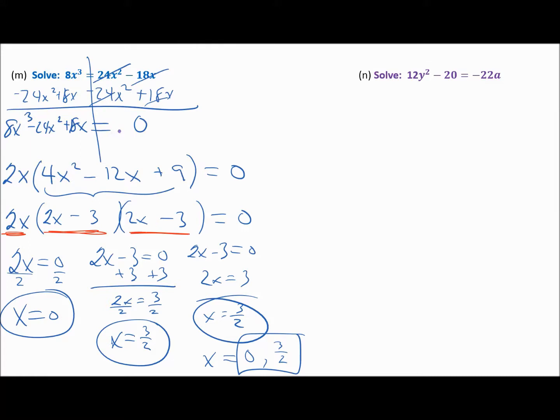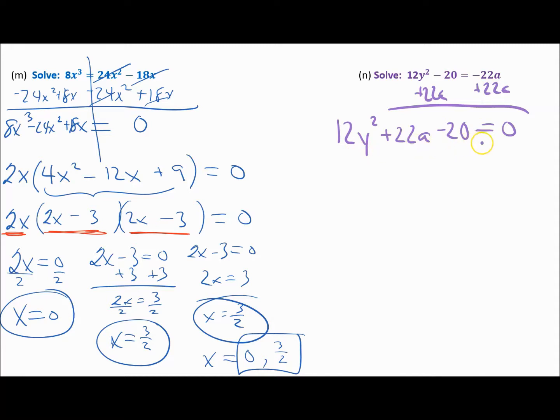All right, what are the things we're looking for? If you'll recall, we need a 0 on one side. So I'm going to add 22a to both sides of this equation. I get 12y squared plus 22a minus 20 equals 0. There's a greatest common factor here.